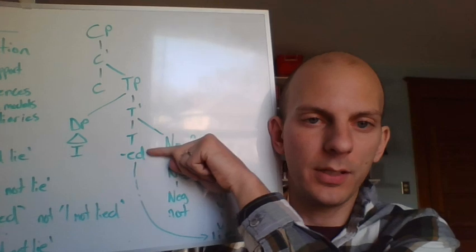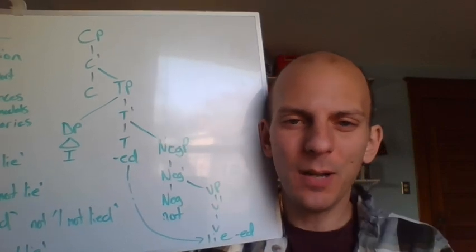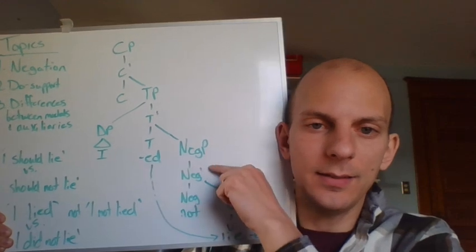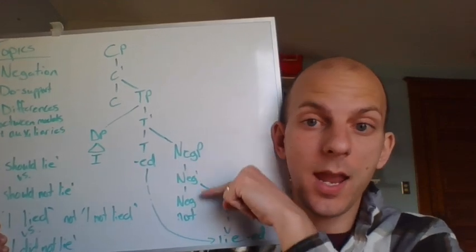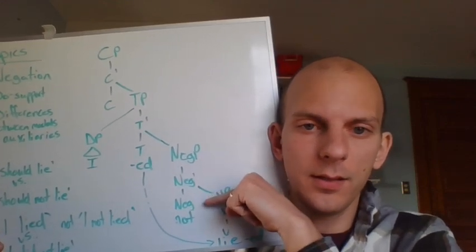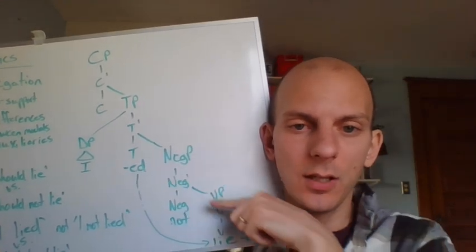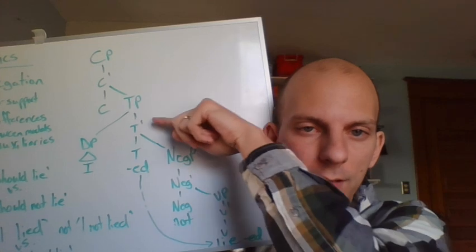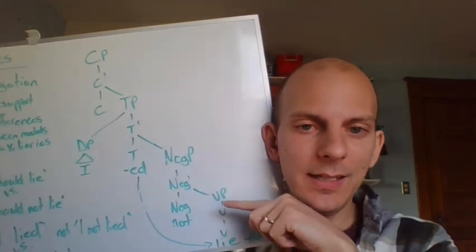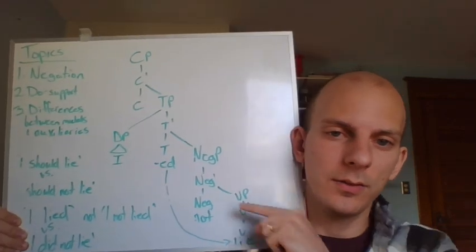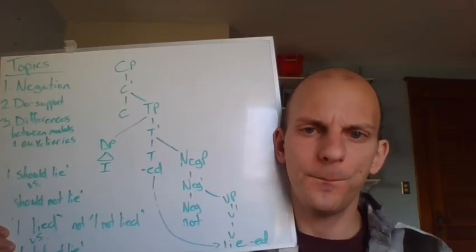The negation phrase is in the way. It's interrupted now. T isn't right next to V anymore. There's something in the way.